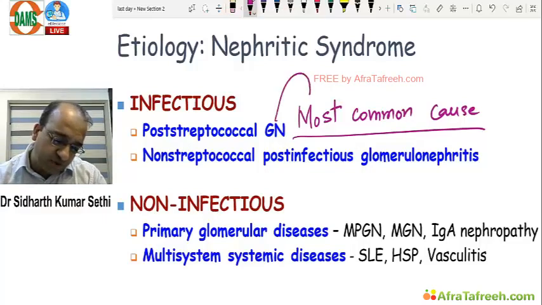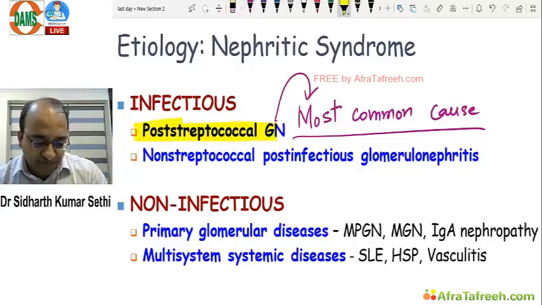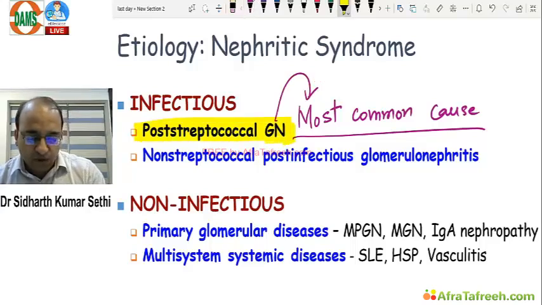So post streptococcal is the most common infectious cause. Other infections can also cause a nephritic syndrome.